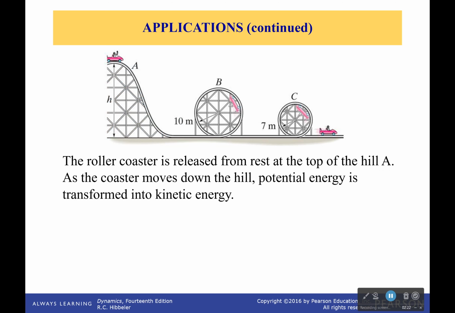Like another application could be roller coasters. If we release this roller coaster, we want to make sure it can go all the way to the end. It's going to have to go through 2 loops. And when it does that, some of the kinetic energy is going to be transformed into potential energy. And we need to make sure that all of that energy, at least as much as it can be, will make it through.